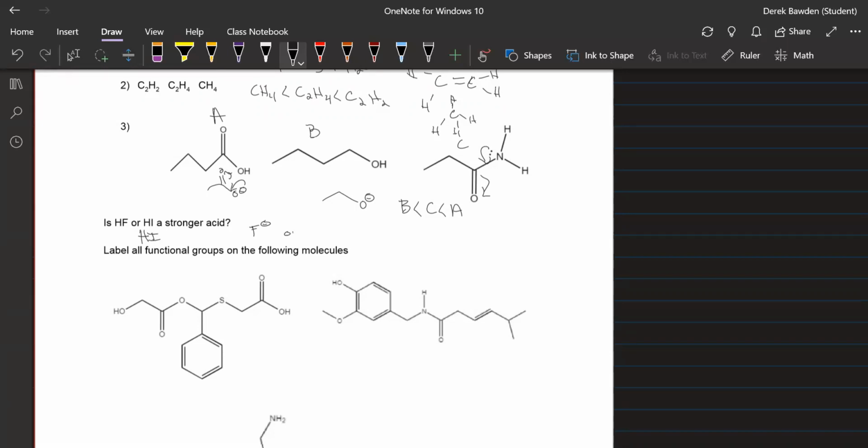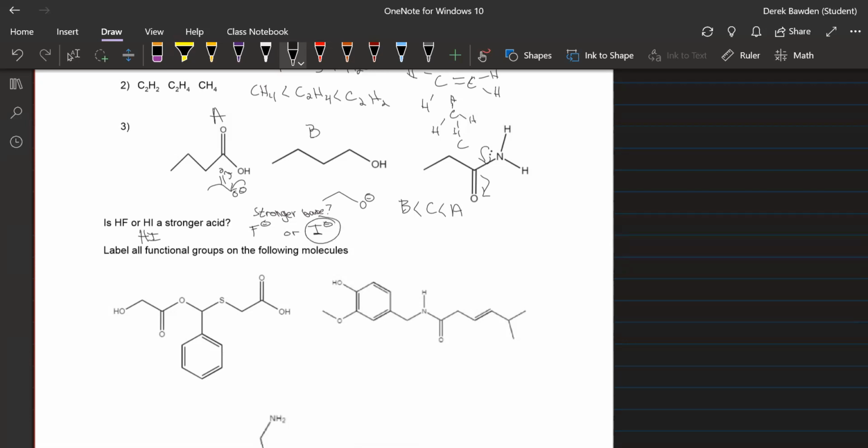F minus or I minus, stronger base. Okay, we got an I minus. Which one of these is more stable? Iodine is going to be more stable because, yep, perfect.